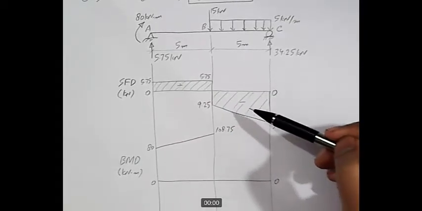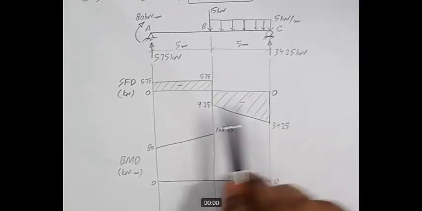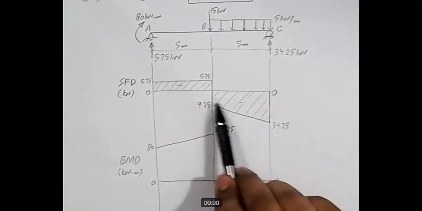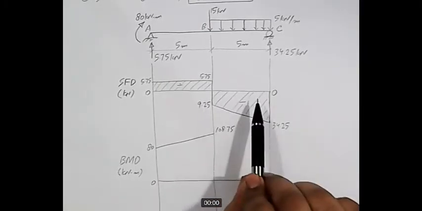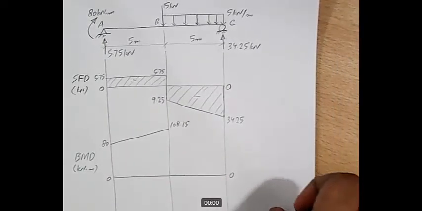So how do we calculate the area of a trapezoid? Area of trapezoid is sum of parallel sides into the perpendicular distance between parallel sides divided by 2. So let me show it here on paper. How do we calculate this?